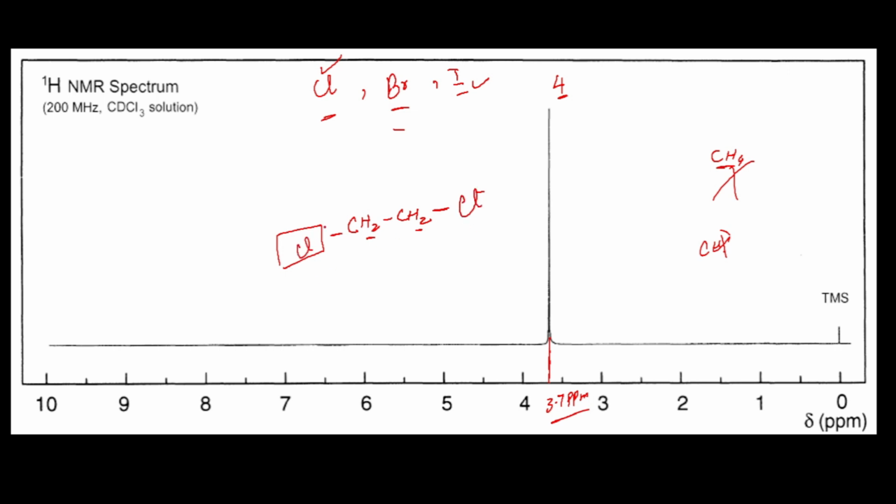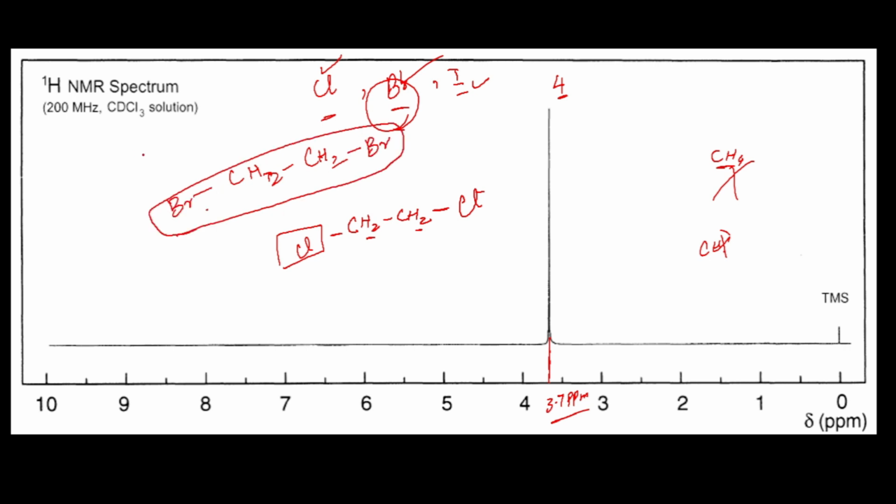And what if it gives you a positive test for bromine? You will write there just bromine. Now in this case we have this proton NMR spectrum of this structure, that is 1,2-dibromoethane.